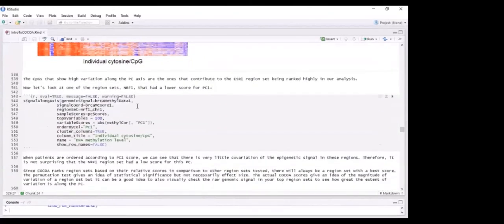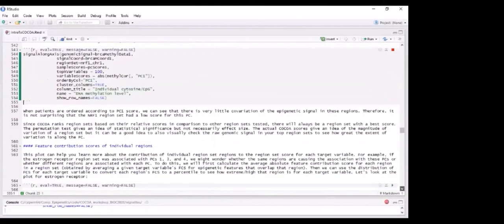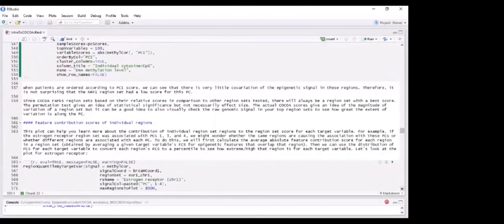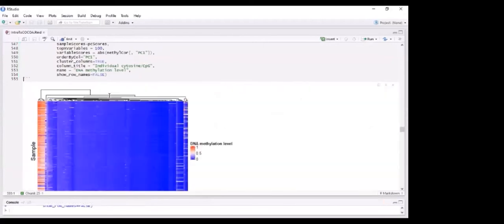Now let's take a look at NRF1 and see how it compares. In this case, NRF1 had a very low COCO score for principal component 1. So we don't expect there to really be much DNA methylation variation along principal component 1.